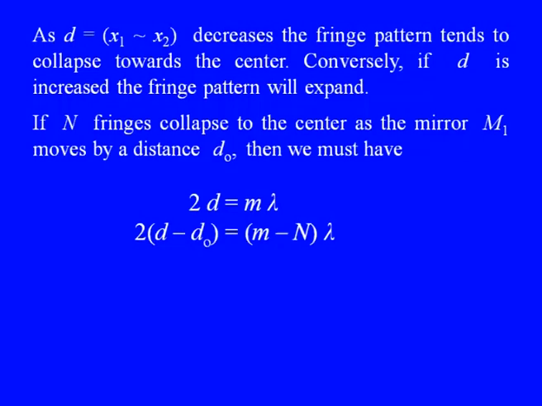That is the idea. Now, if n fringes collapse to the center as the mirror M1 moves by a distance d naught, then we must have this relation 2d is equal to n lambda as before. Now, the distance has changed by d naught, so 2d minus d naught, n fringes have disappeared, have collapsed.